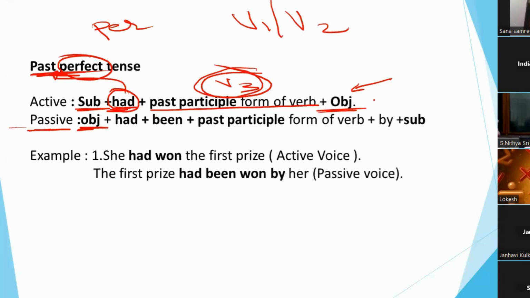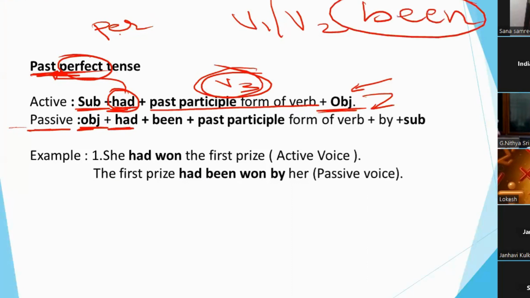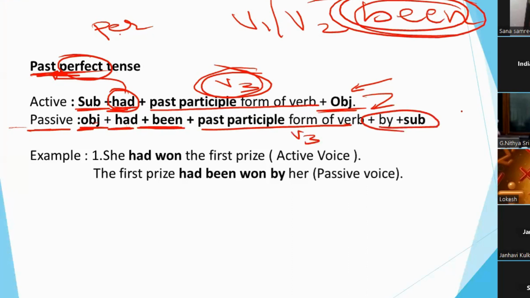Now, if we change that into the passive voice, the structure looks like object plus had. And when we have perfect, what I've told you, use been. Whether it be present perfect, past perfect, or future perfect, use been in your passive voice along with had. Object plus had plus been, then V3 form of verb, then by and subject.